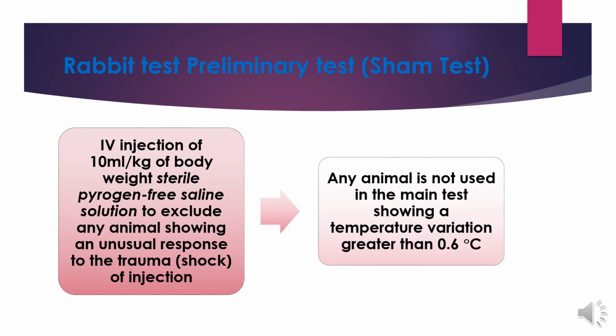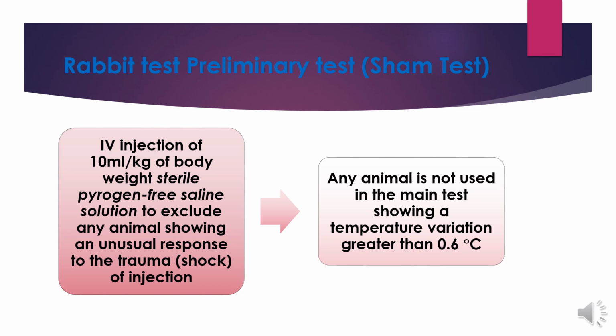So basically here we are deceiving the rabbits by giving them 10 ml per kg of body weight of sterile, confirmed pyrogen free saline solution to check their response.